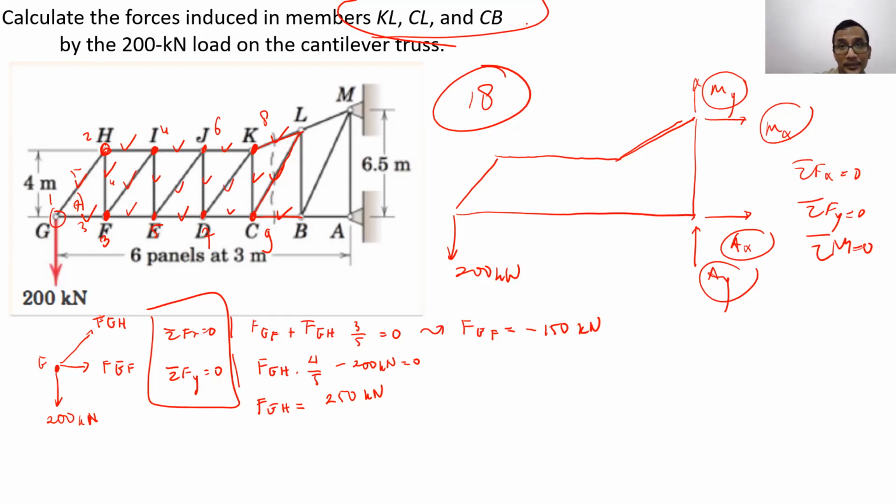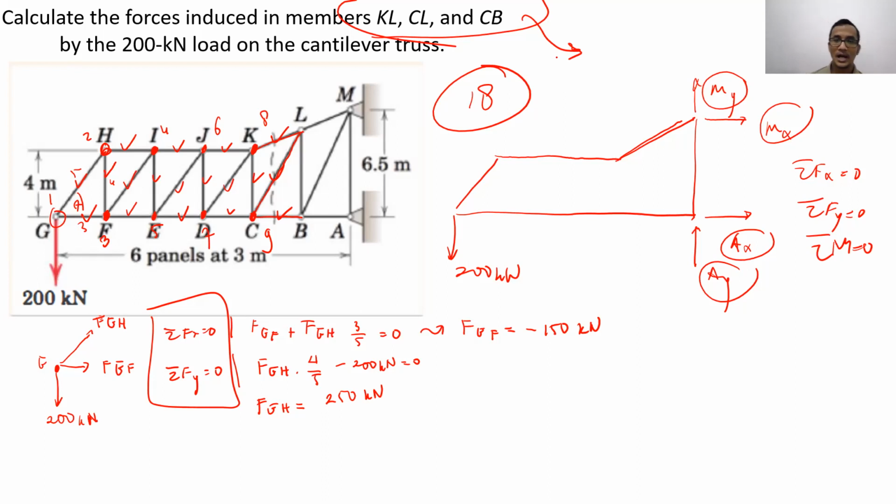Because we are only asked to solve for KL, CL, and CB. It is not necessary for us to solve for GH, FH, HI, FI, EF, EG, EJ, IJ, etc. The rest are just redundant for us.